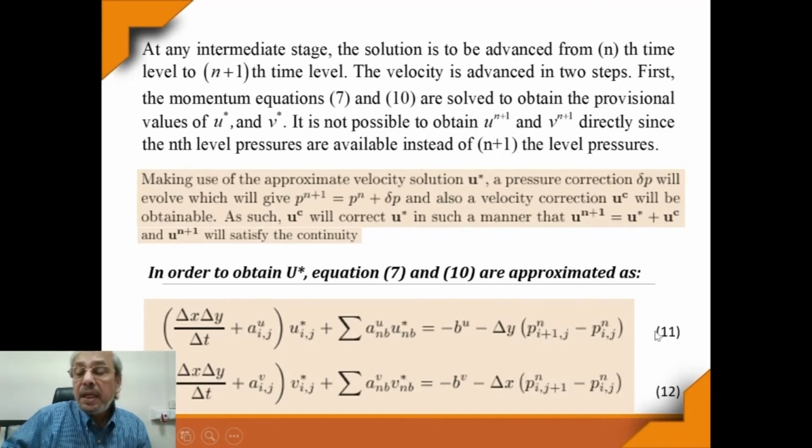That is why equations 11 and 12 are making a projection for velocities at n plus 1th level. And then these two equations are required to be corrected. When the pressure is corrected, U star will also be corrected to U n plus 1.